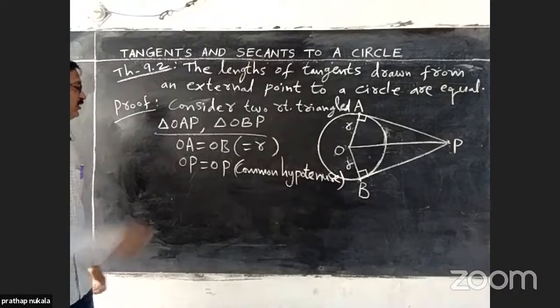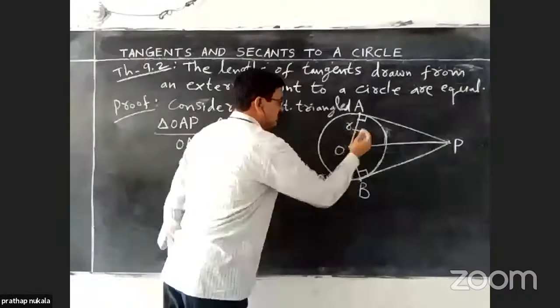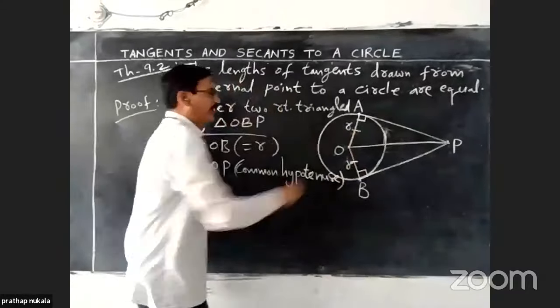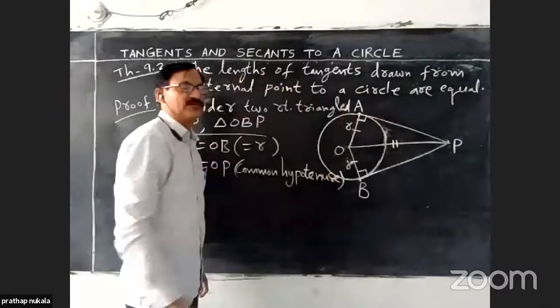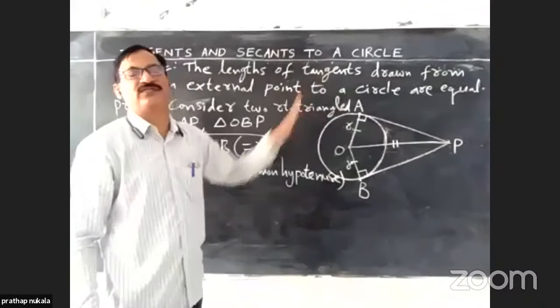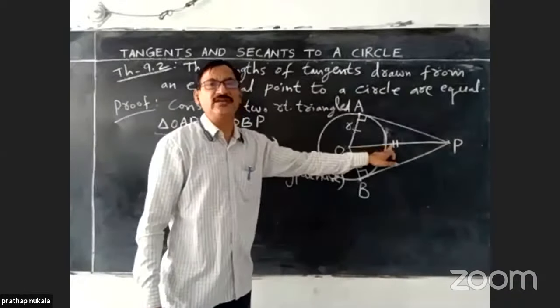The RHS property is over. One pair of sides are equal, and the hypotenuse is equal to itself. OP equal to OP. Corresponding hypotenuses are equal.